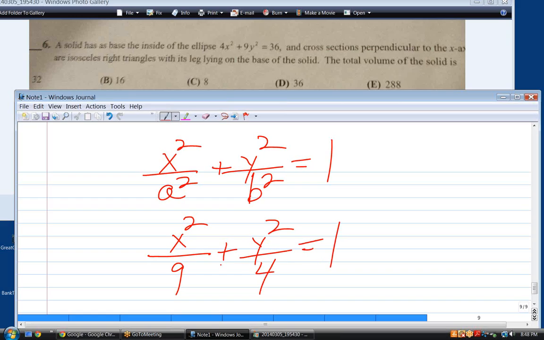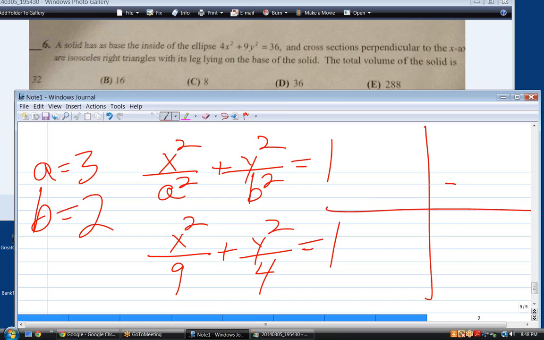That's the equation they've given us, which makes a equal 3 and b equal 2. So now, if I want to draw the ellipse, I know that from there to that vertex is 3, and from there to that vertex is 2.